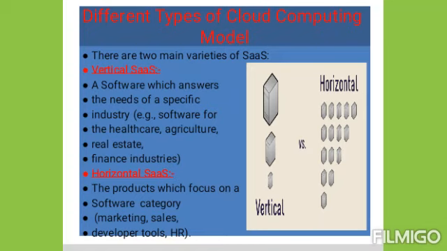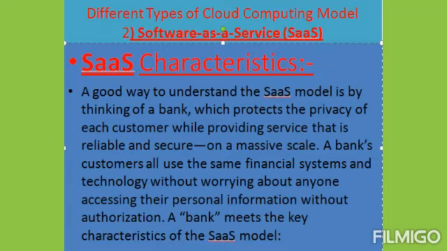The next point is the SaaS model, that is, the characteristics of software as a service. A good way to understand the SaaS model is by thinking of a bank which protects the privacy of each customer while providing service that is reliable and secure on a massive scale.